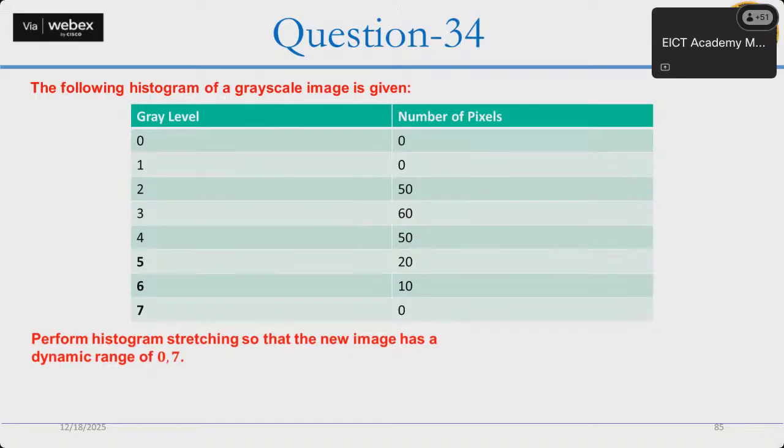Can you tell me what will be the new value? If you understand, the new value will be the gray level.